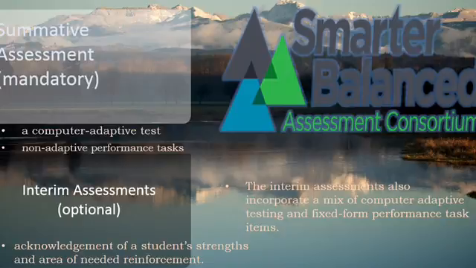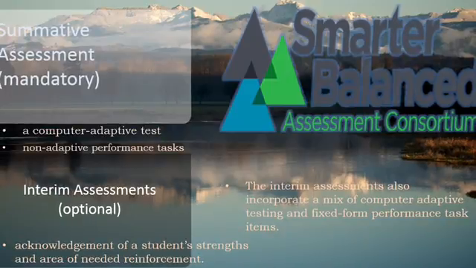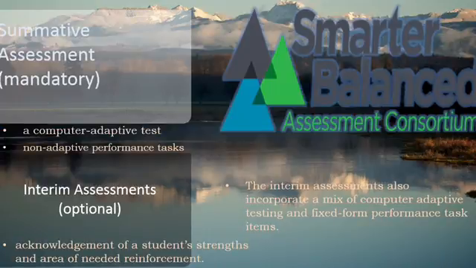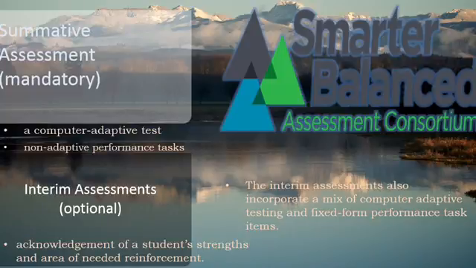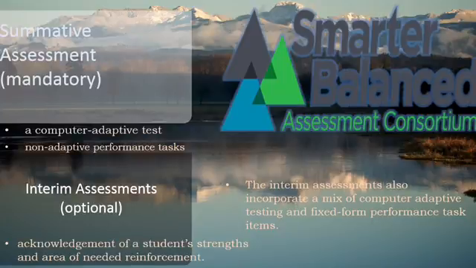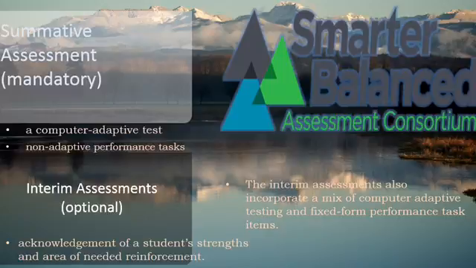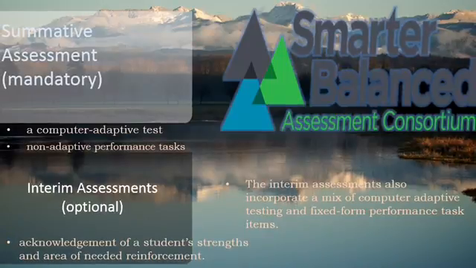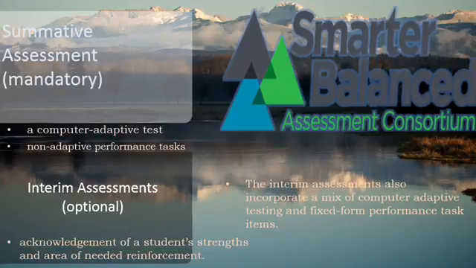Moving right along, we're going to look at 2 forms of assessment, or different assessment programs. The first one is Smarter Balanced. The next one is PARCC, P-A-R-C-C, which stands for Partnership for Assessment of Readiness for College and Careers. So looking first at the Smarter Balanced, assessments are broken into 2 components, a single mandatory summative assessment and an optional interim assessment.